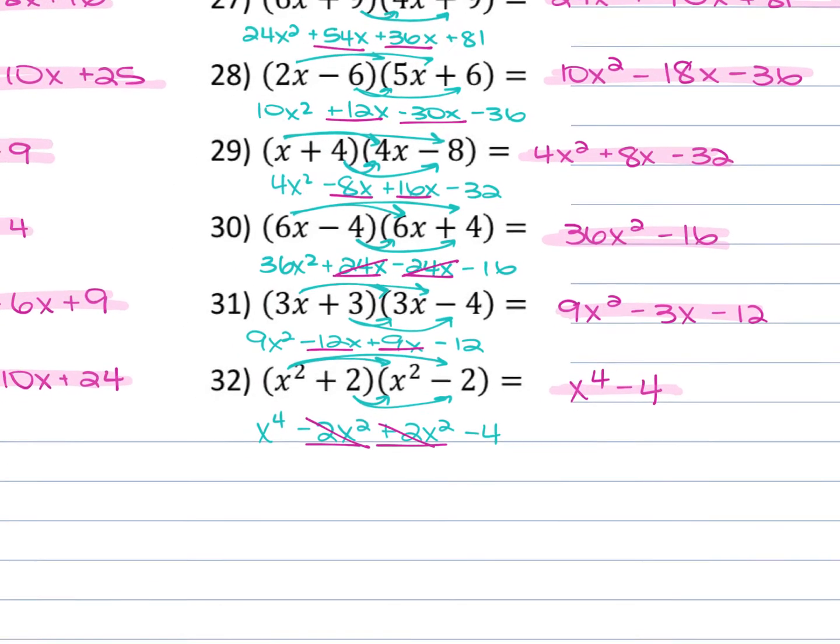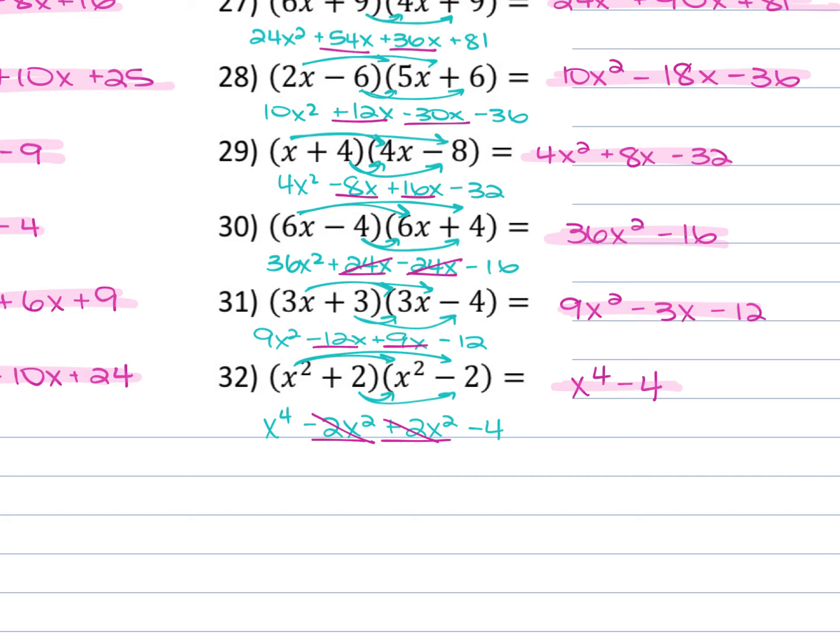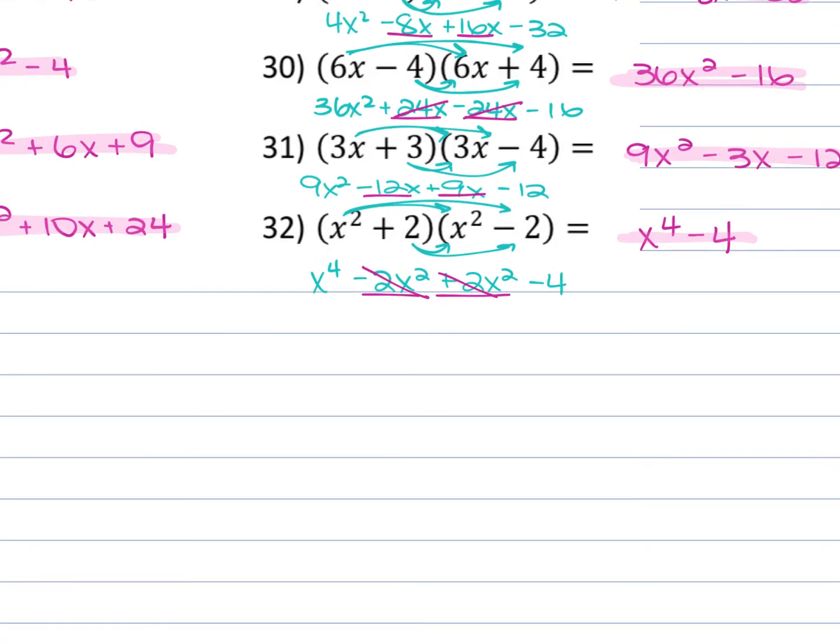So on your quiz for 5.4, there is a possibility of you seeing a question that's, let's say, something like x plus y times 2x minus y. So you could see ones that have more than one variable in them. You do the same exact thing that you did with any of these and just FOIL it out. So x times 2x would be 2x squared.